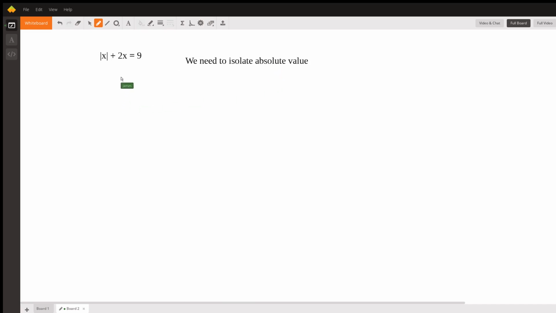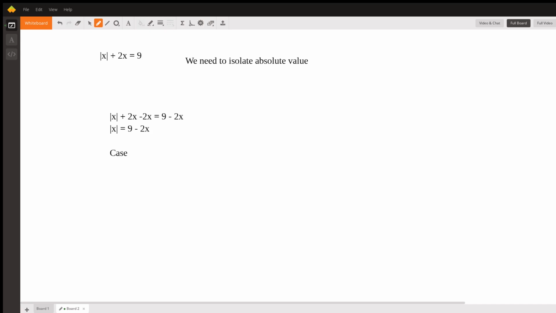We'll have our two cases here. First, let's get the absolute value by itself on one side. We do that by subtracting 2x from both sides, and we end up with the absolute value of x equals 9 minus 2x.